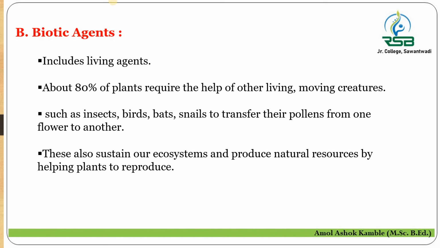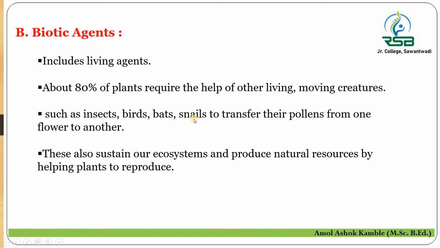The biotic agents include the living agents. About 80% of plants require the help of other living or moving creatures to transfer the pollen grains. For example, insects, birds, bats, snails.